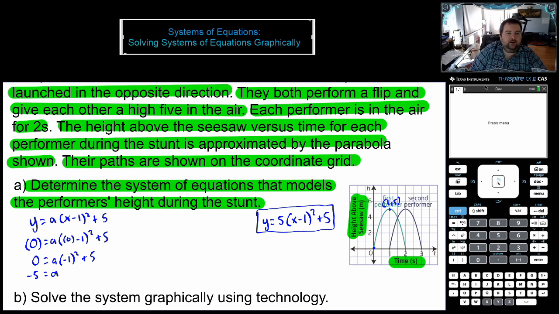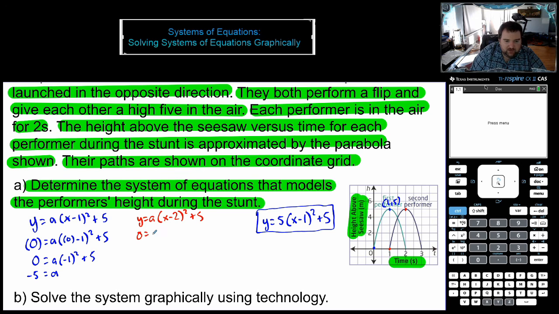Now, let's work out our second one. So the second performer, the vertex of their equation is here. That's at (2, 5). So y equals a(x minus 2) squared plus 5. And let's choose this point here. So this is (1, 0).